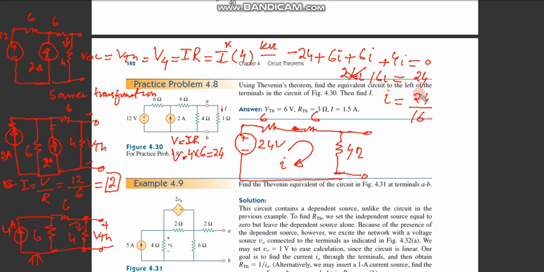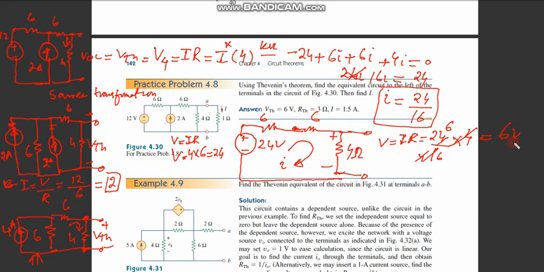This is the value of I. Now the value of the voltage over here is V equal to IR. I is 24 divided by 16, and the resistance is 4 ohms, so this comes down to 6 volts.